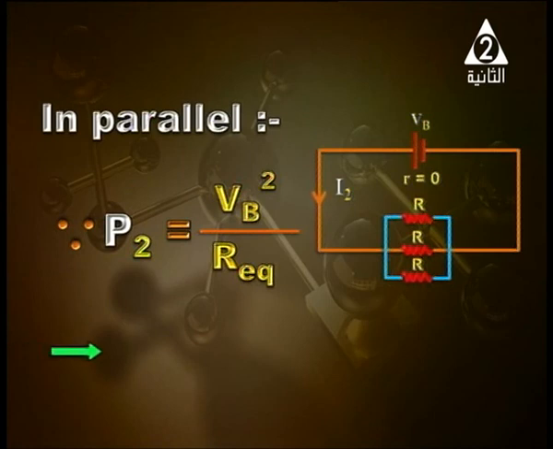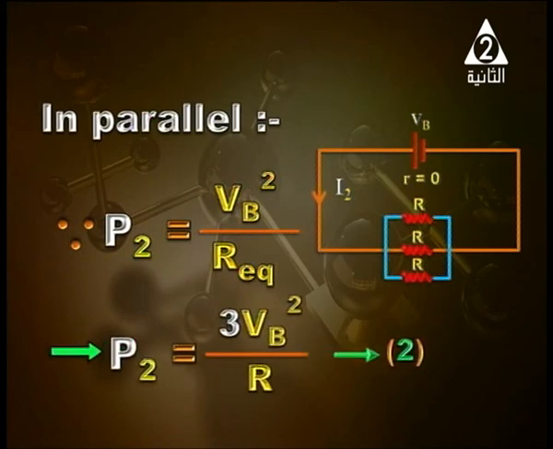So P2 equals VB squared over R over 3, so P2 equals 3 VB squared over R. So we managed to obtain the power in the parallel connection and in the series connection, and now we can compare these two powers.